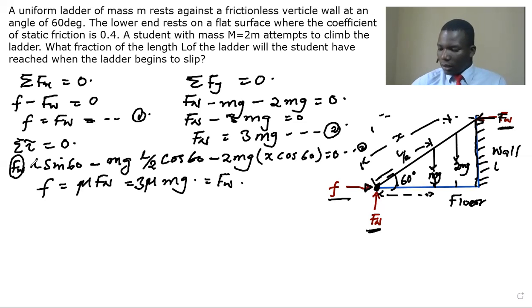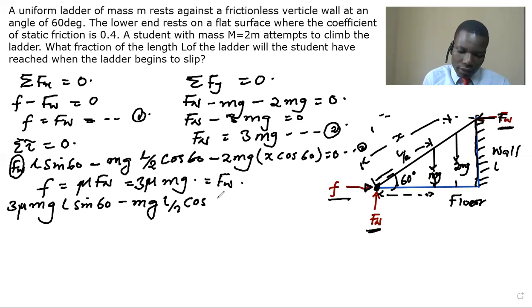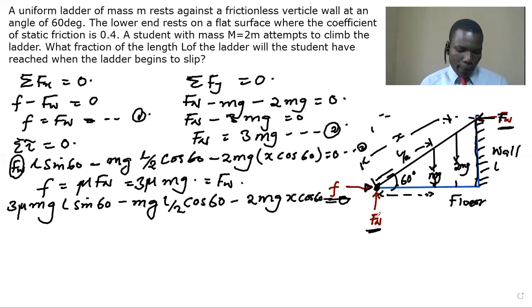So we can substitute 3 nu mg where there is Fw here. And what we're going to have is 3 nu mg L sine 60 minus mg L over 2 cos 60 minus 2 mg x cos 60. So this is equal to 0.